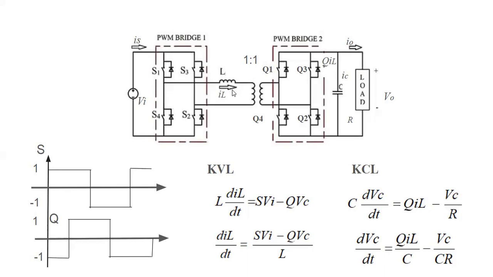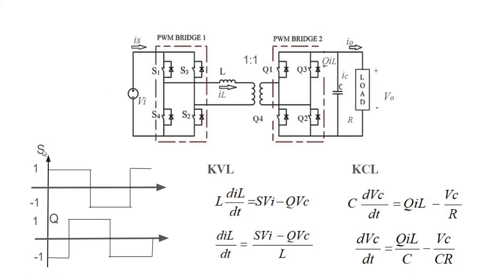To write the state equation for the L, we need a KVL equation. And to have the state equation for C, we need a KCL equation. We are going to write the KVL equation by using the voltage across the inductance.